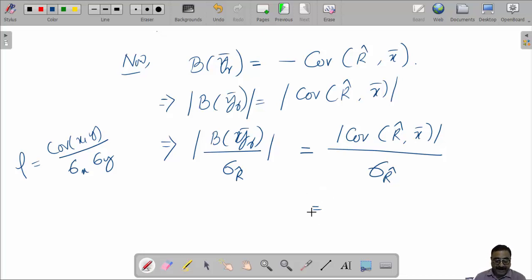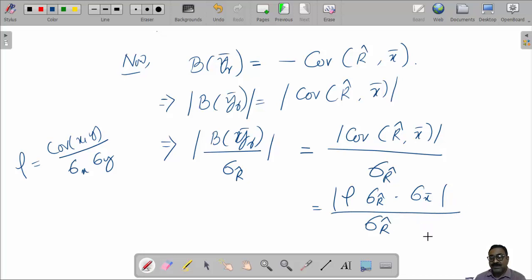So covariance of xy equal to rho sigma r̂ into sigma x̄ divided by sigma r̂.